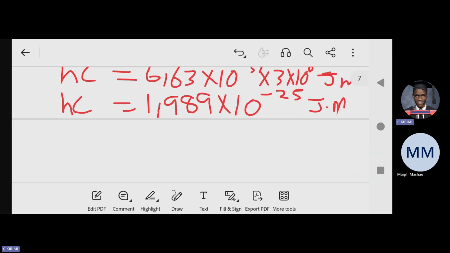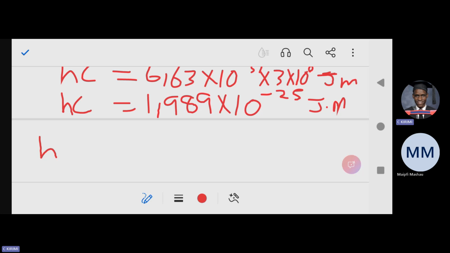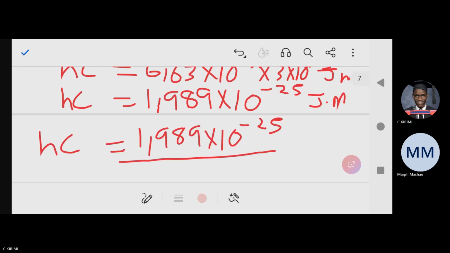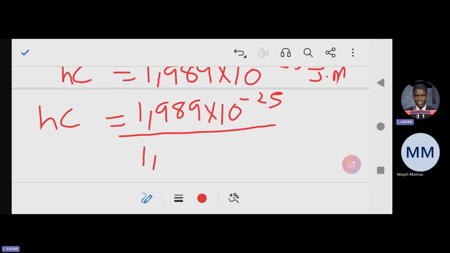So hc equals 1.989 times 10 to the power of negative 25, divided by 1.6 times 10 to the power of negative 19.